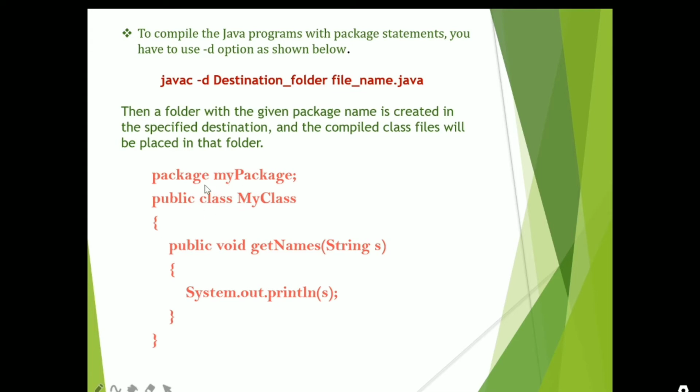Here I am creating mypackage as the package name, with public class MyClass. If you need to compile this, I have to use javac -d . MyClass.java. The destination folder is mypackage.